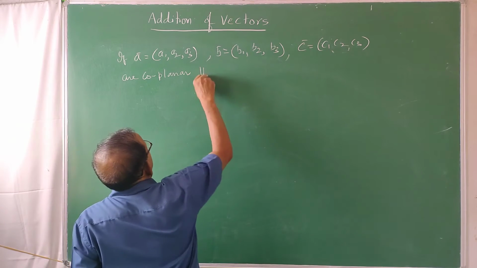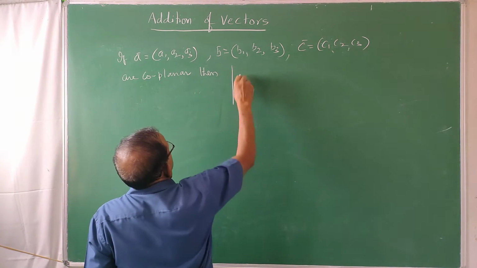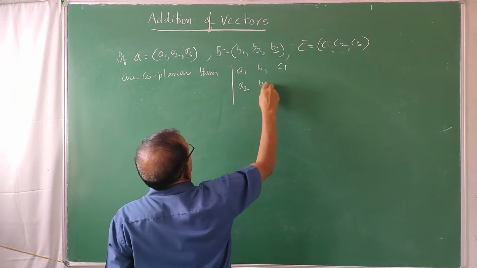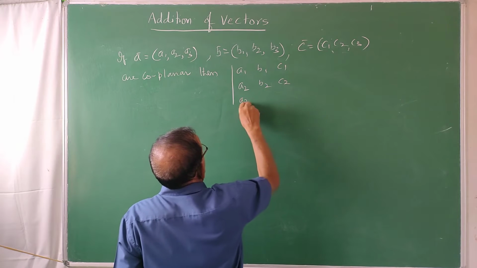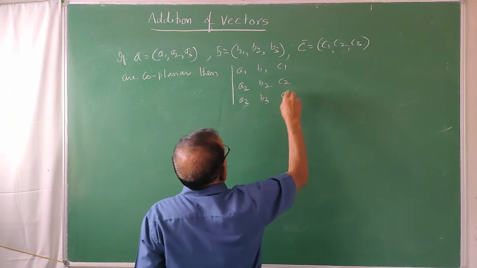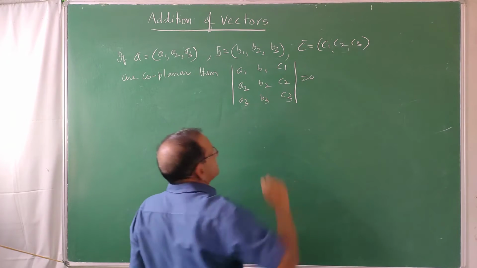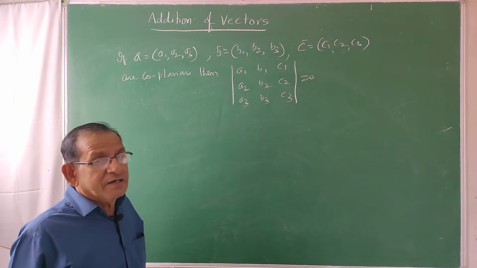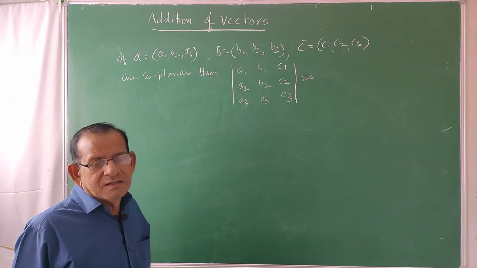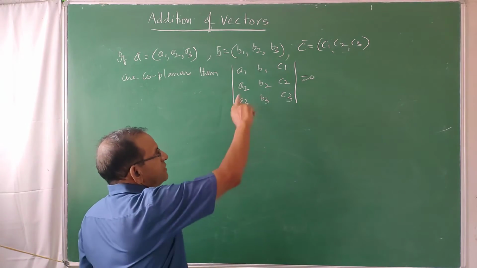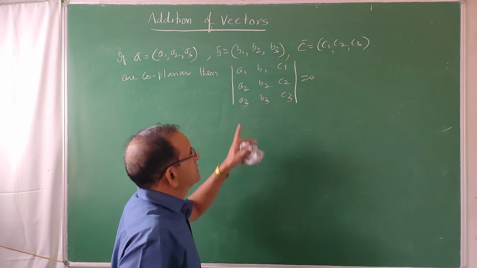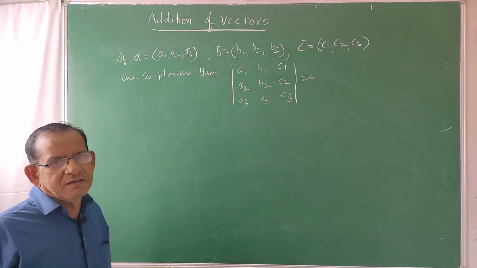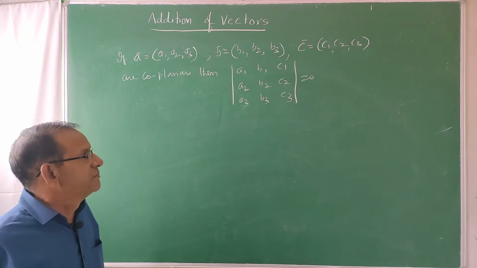The determinant of a1, b1, c1, a2, b2, c2, a3, b3, c3 is equal to 0. If this is 0, they are linearly dependent, they are coplanar. If it is not equal to 0, then they are linearly independent or non-coplanar, both are the same.